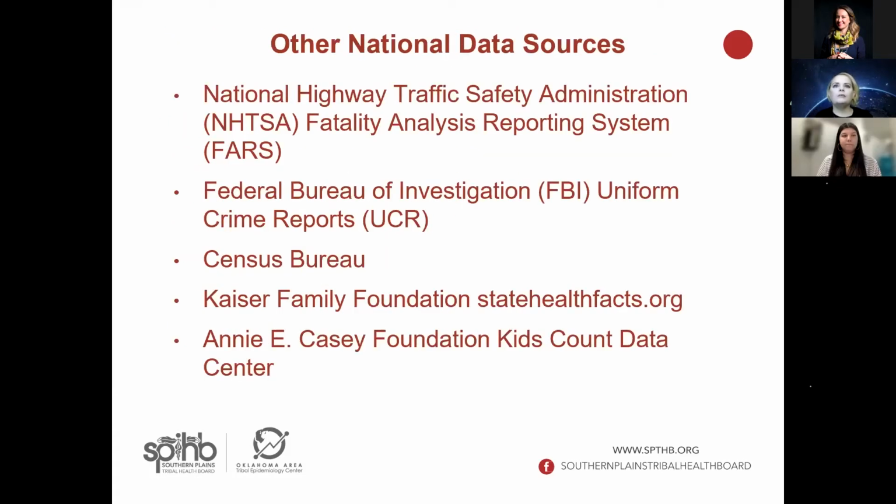So let's talk about some other national data sources. The National Highway Traffic Safety Administration puts out a report called FARS, and I really like this data source. You can go in and query fatal accidents involving alcohol.